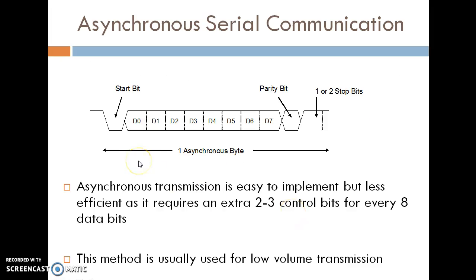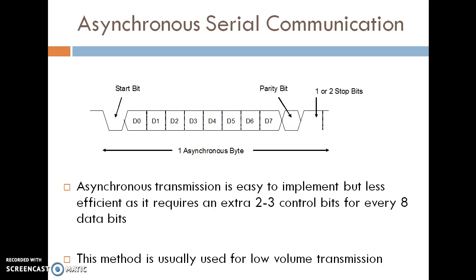Here is the representation of one asynchronous byte. It consists of a start bit, which indicates the beginning of the data word, and a stop bit, which indicates the end of the data word. It also consists of a parity bit, which is added for error detection purposes.